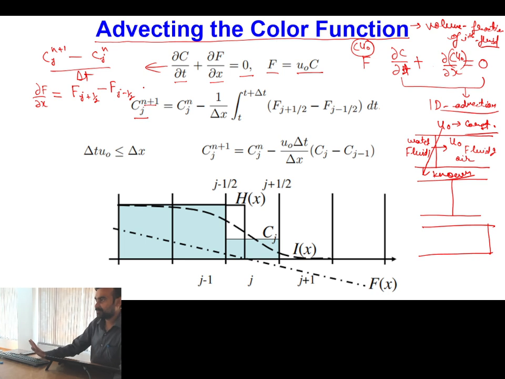Is this one clear? So now from these two terms, I can say that Cj at n plus 1 will be equal to Cj at n, minus 1 by delta x into the time integral from t to t plus delta t of f at j plus 1 by 2 minus f at j minus 1 by 2, into dt.